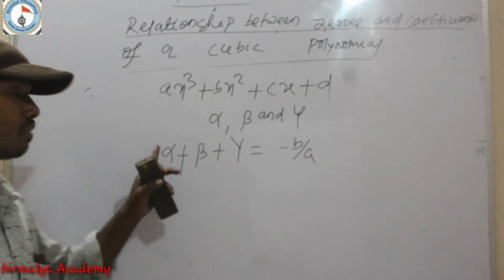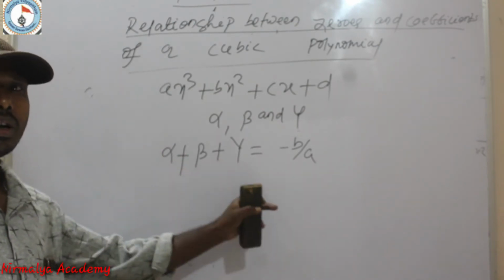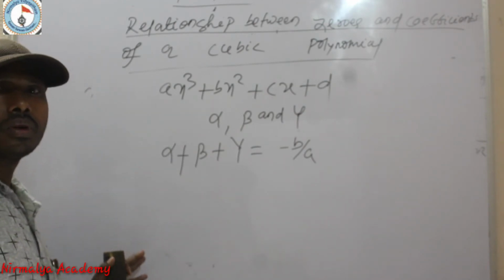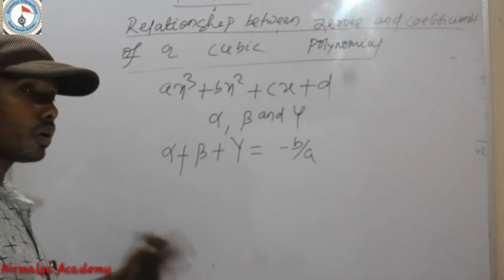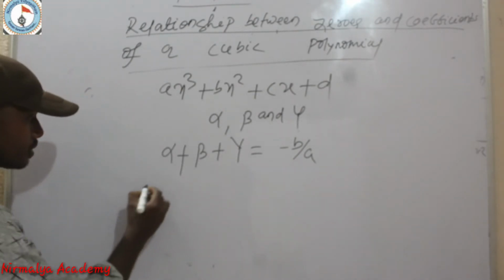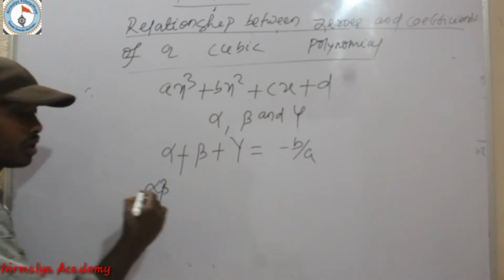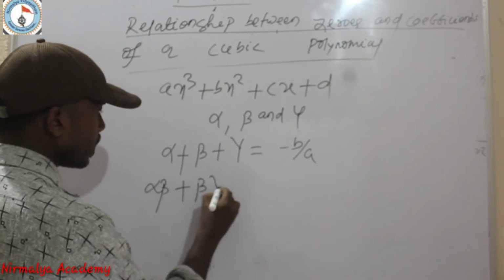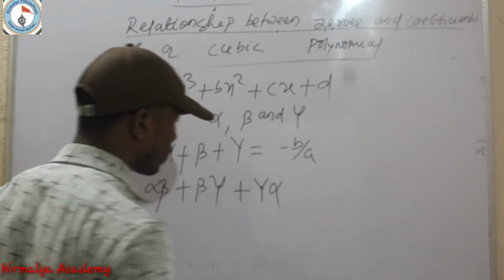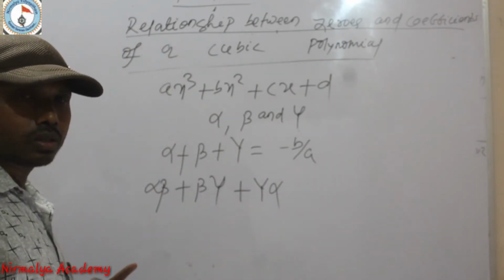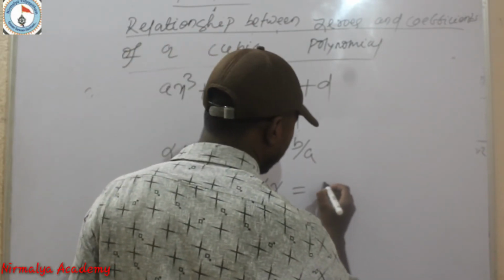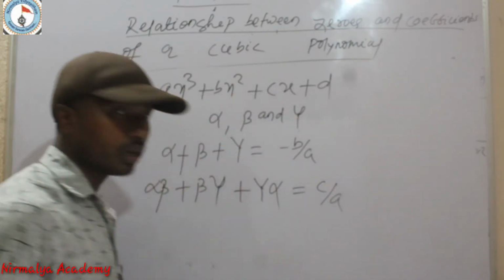Then the sum of products of zeros taken two at a time, alpha into beta plus beta into gamma plus gamma into alpha, equals c by a.